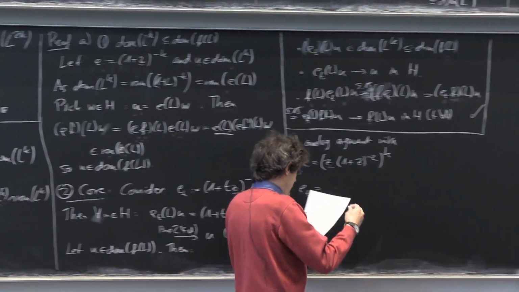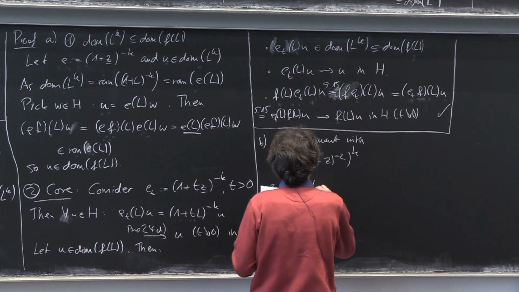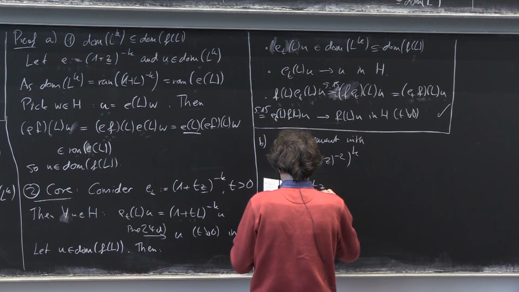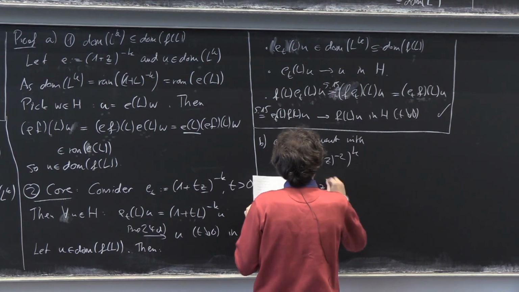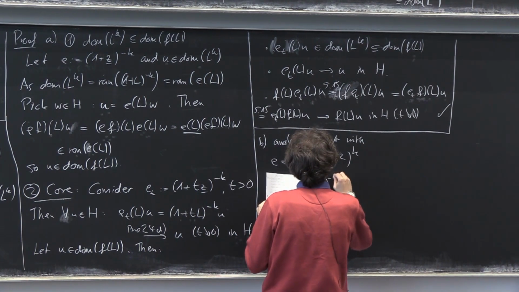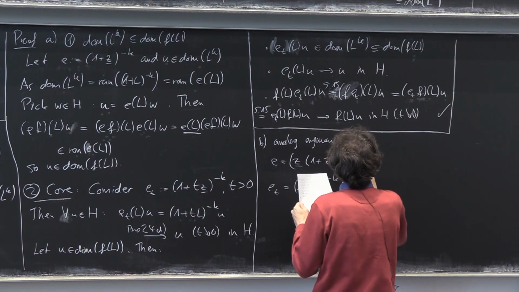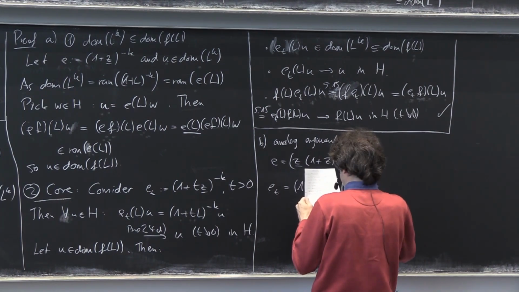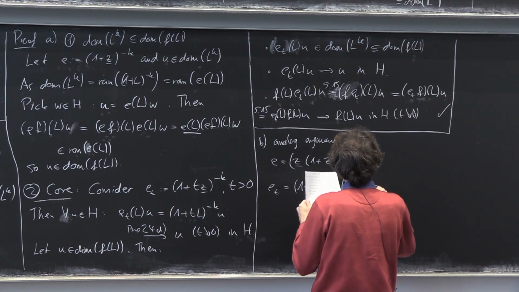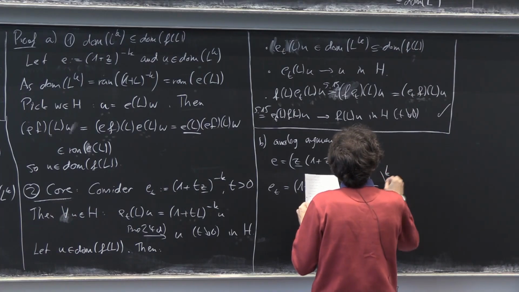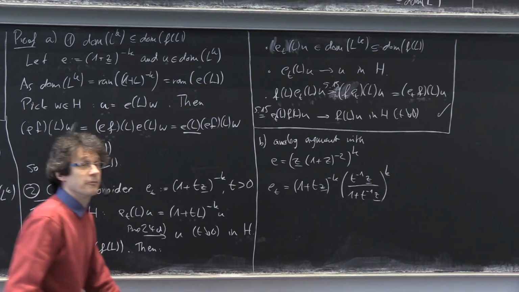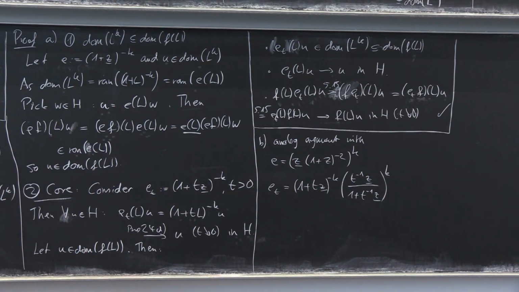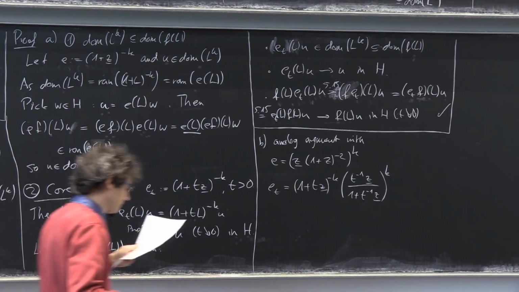And the right way to get this is the following function: (1 plus tz) to the minus k, times (t to the minus 1 z) divided by (1 plus t to the minus 1 z) to the power k. This is not completely obvious, but convince yourself and check. If you take this Et, it has all the properties that you need.